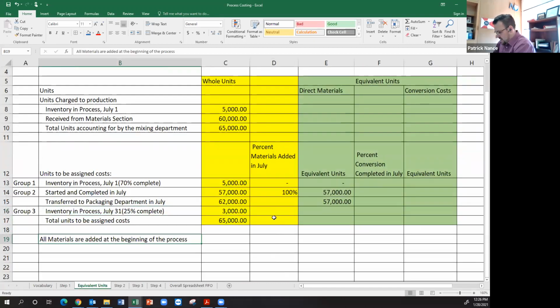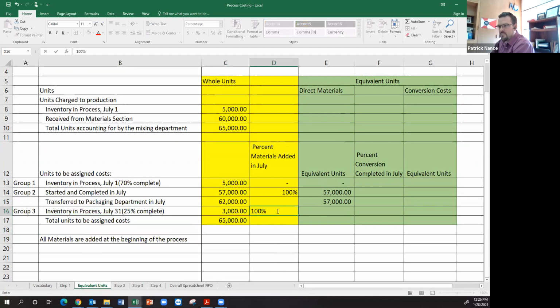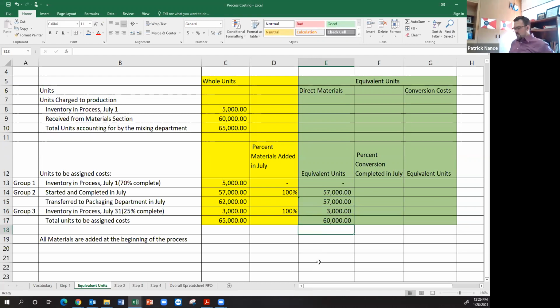So this one, again, is 100%. So I can multiply 3,000 times 100% and then add that down. So for direct materials, I've got 60,000 units, so we need to allocate the direct materials cost to 60,000 equivalent units, specifically for direct materials.